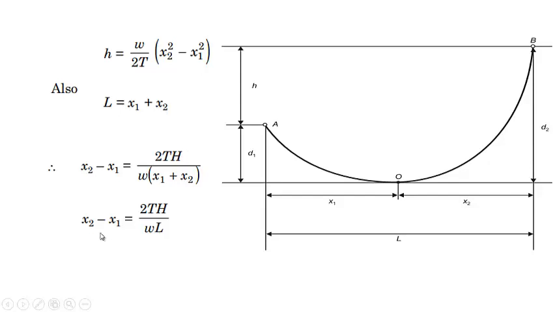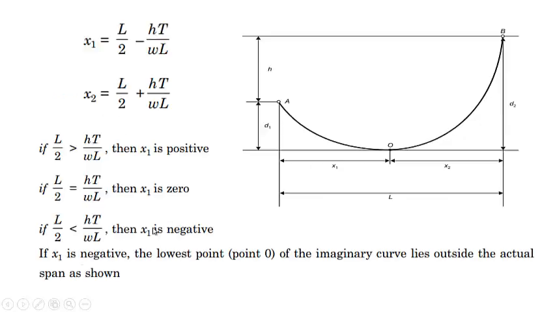Similarly, when this equation is subtracted from this equation, you will see that x2 and x2 will cancel out. Minus minus plus x1, that will be twice x1 will be equal to L minus twice th by wL. When you divide by 2, then x1 will be equal to L by 2 minus th by wL. So from these two equations, we can get x1 as well as x2.